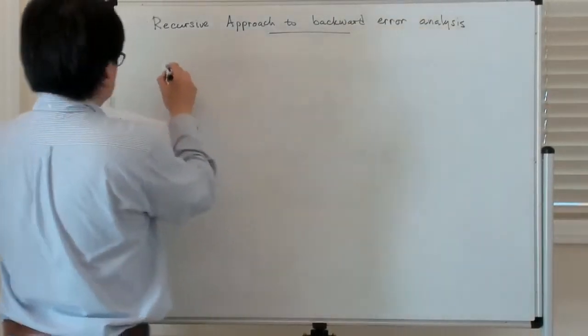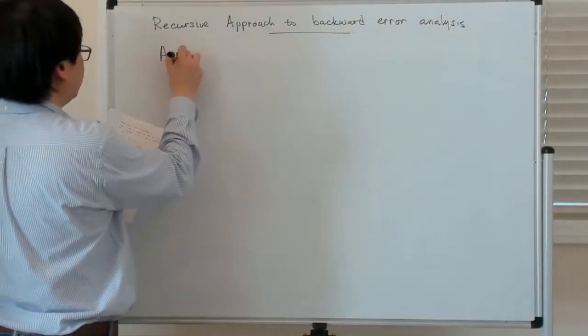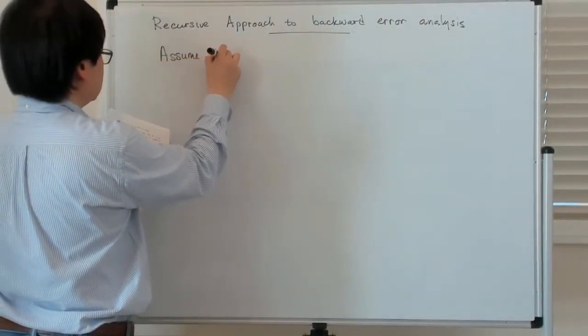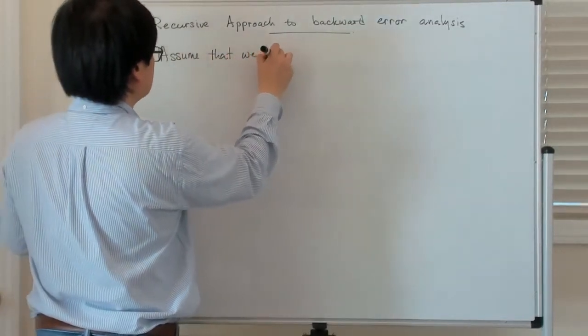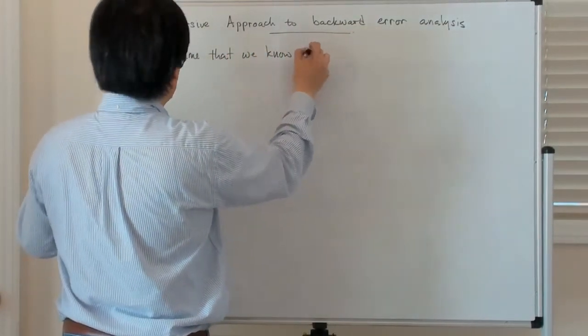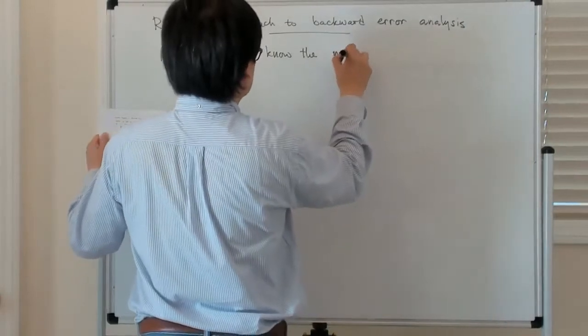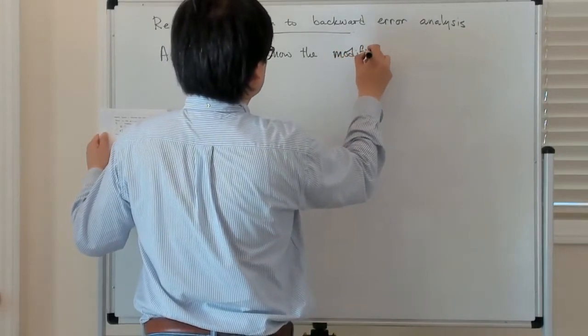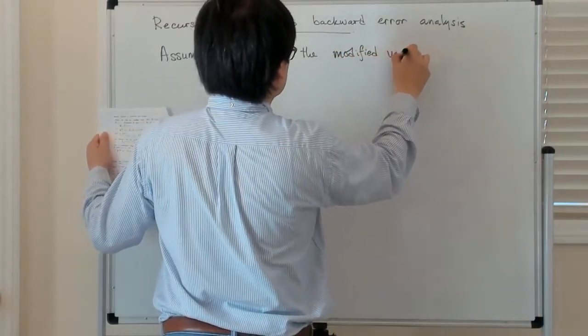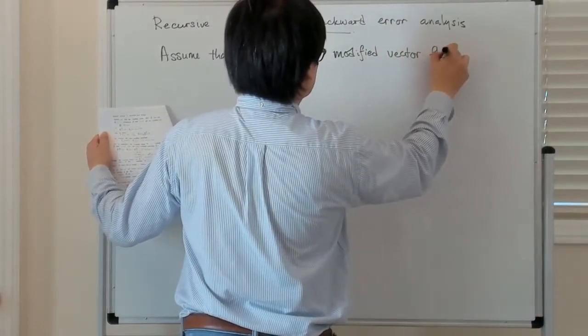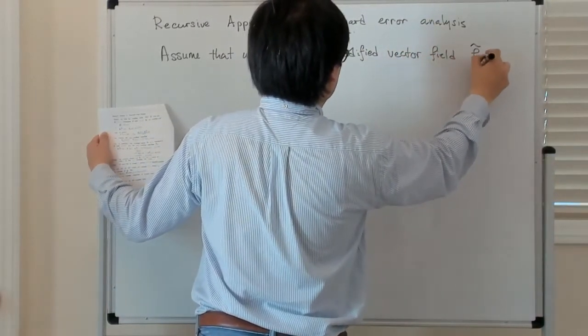Okay, so let's assume that you know the modified vector field up to a certain order. So let's call that f tilde I.